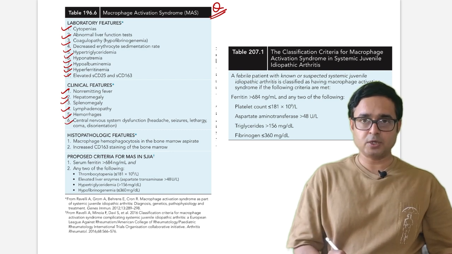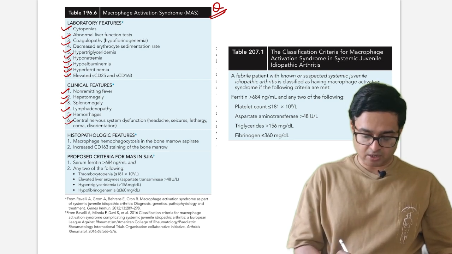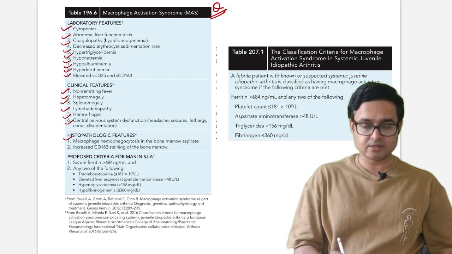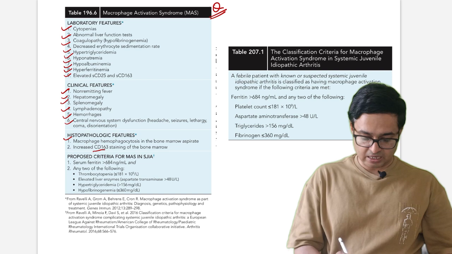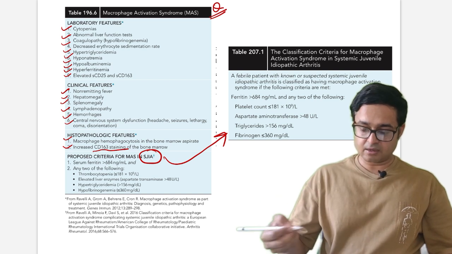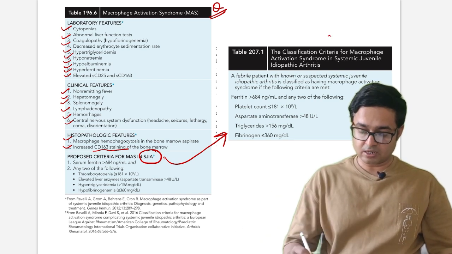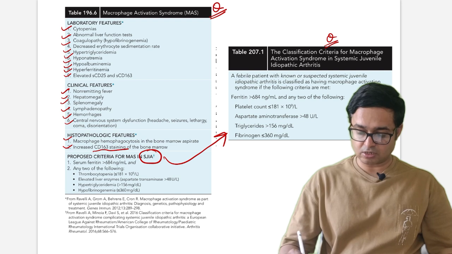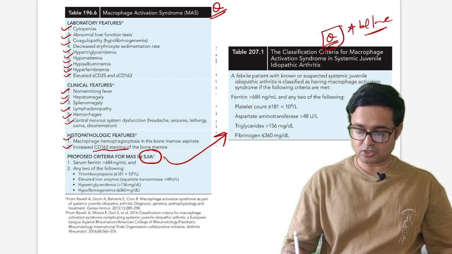If you happen to do histopathology, you will see macrophage hemophagocytes in bone marrow and increased CD163 staining on bone marrow. If a patient of SoJIA is there, what will be the criteria for MAS? Very important. This question is the most beloved question of examiners.